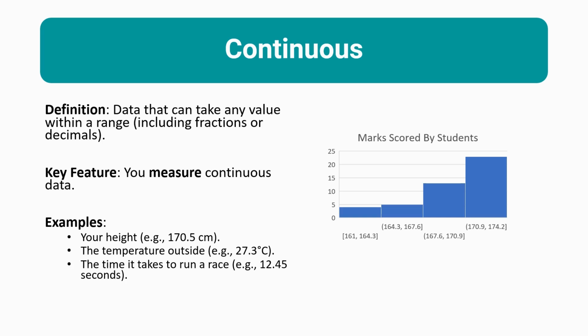For example, the height of students in a class, it's not a number like 5 or 6, it's always like 165.2, 165.3 or 167 or 168 or 170 or 170.5. It can take a range of values.